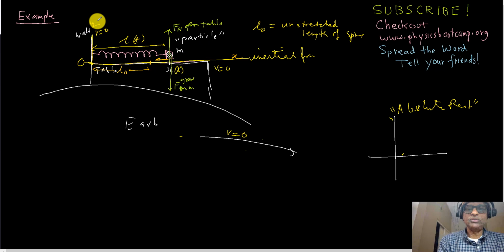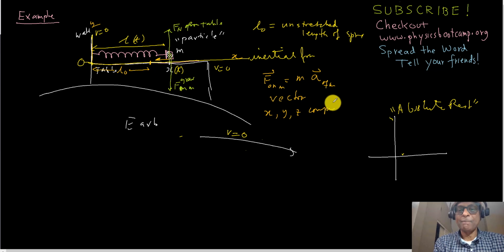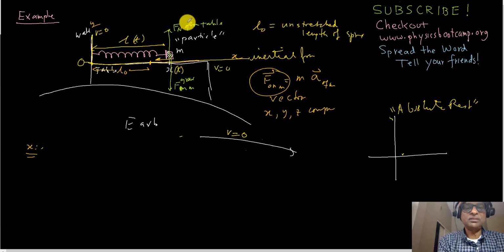So when you look at F on M equals mass times A of M, this is a vector equation, so you can have x, y and z components. Let's look at the x component of these things. This does not have any x, and this does not have any x, so the spring is the only x.